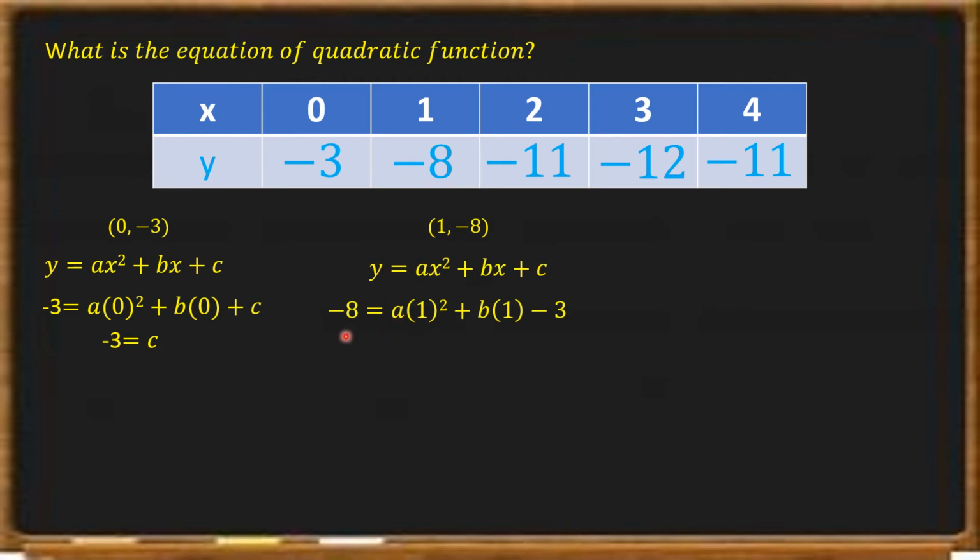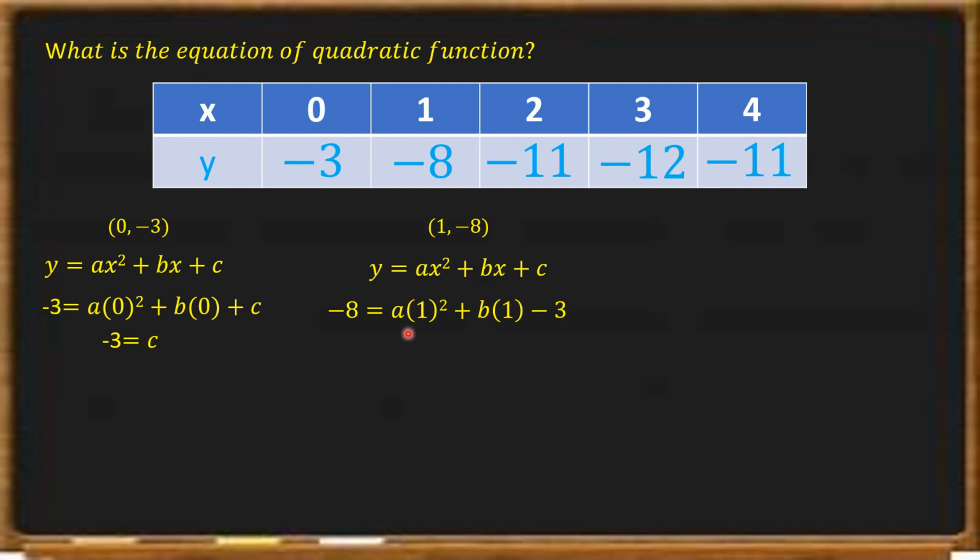So that will be -8 is equal to a times 1 squared plus b times 1 minus 3. We just replaced x with 1 and y with -8.